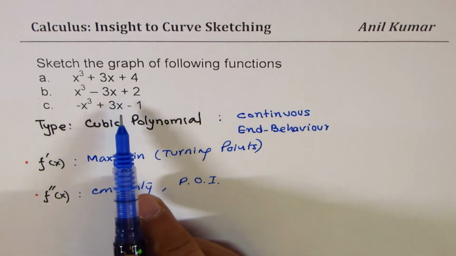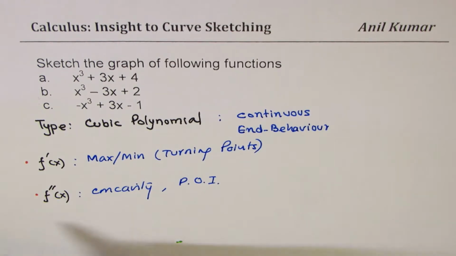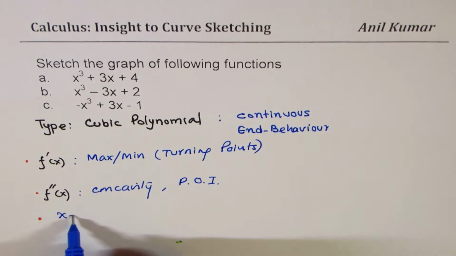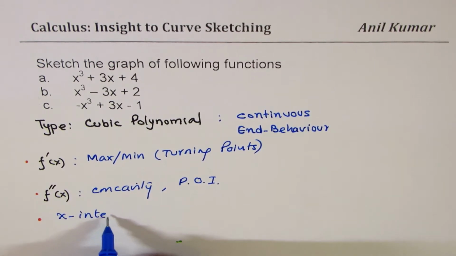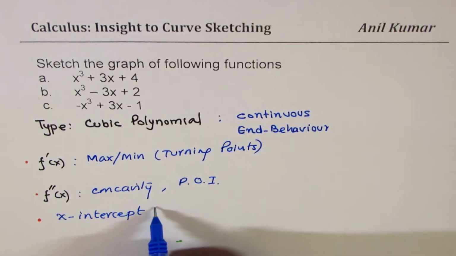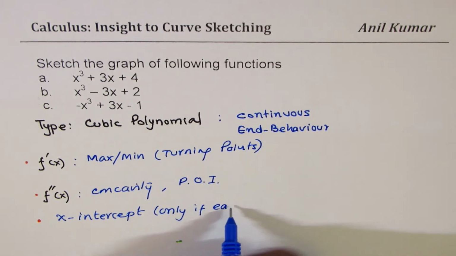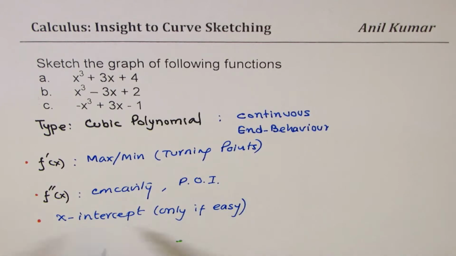Now, to sketch a graph very accurately, we may have some additional information, which is intercepts. We could have the x-intercept, but only if it is easy to find, not otherwise.